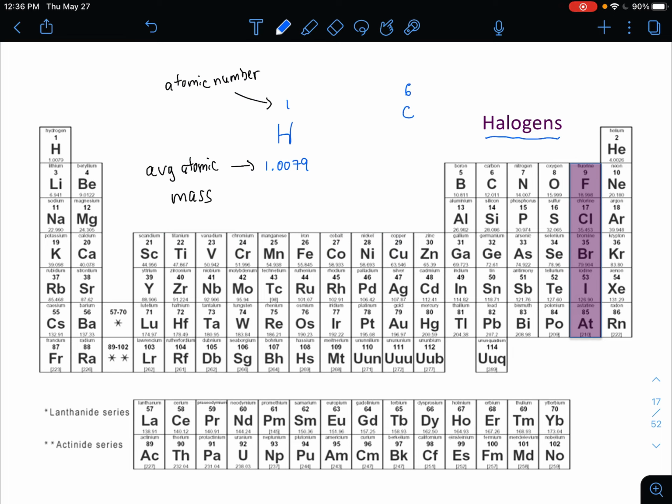So the way carbon is written on here is 6, the atomic number, and then 12.011, that's the average atomic mass based on the weighted average from the naturally occurring isotopes.